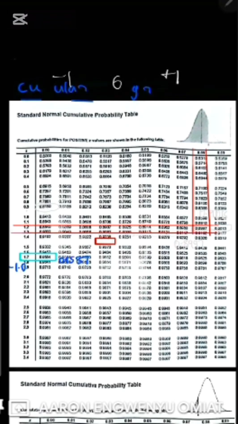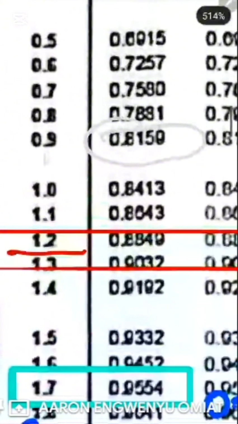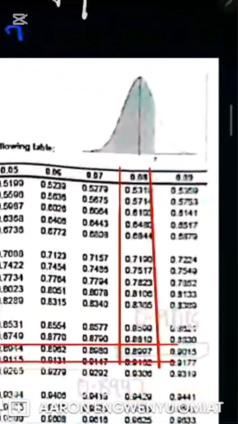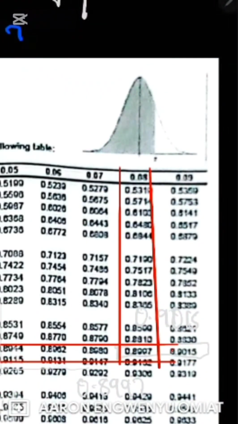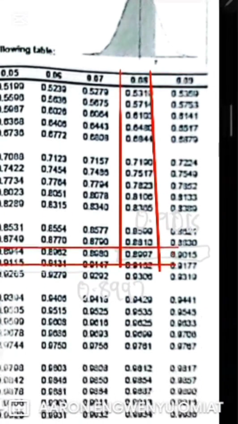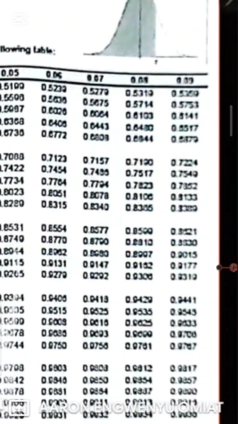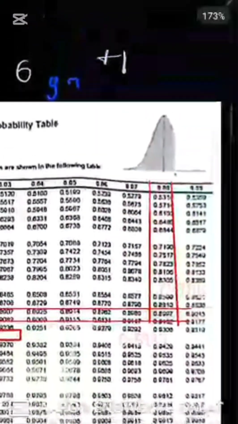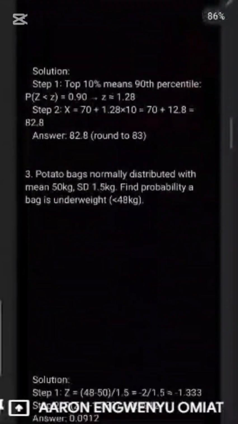So you can now read the value: 1.2 plus 0.08, that is 1.28. Where are we?